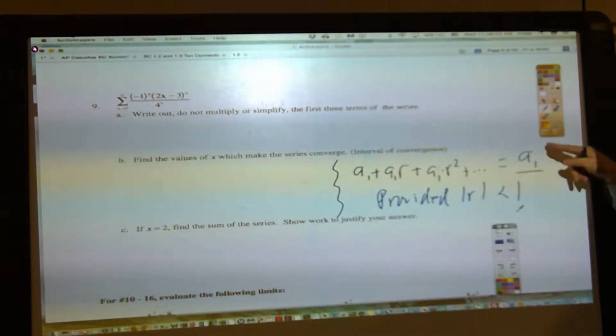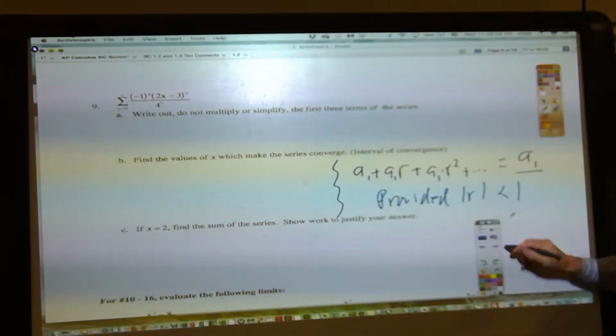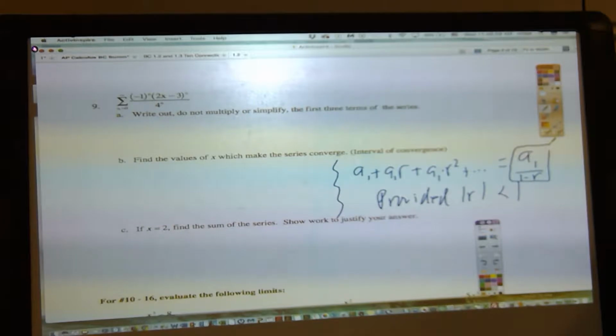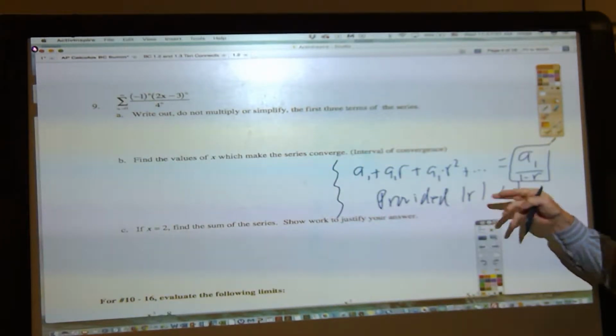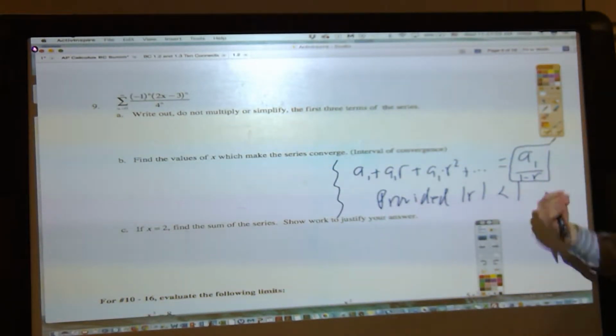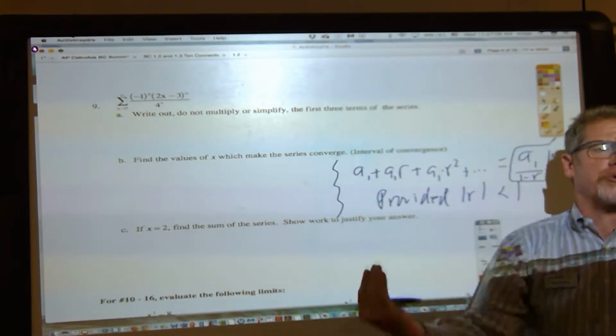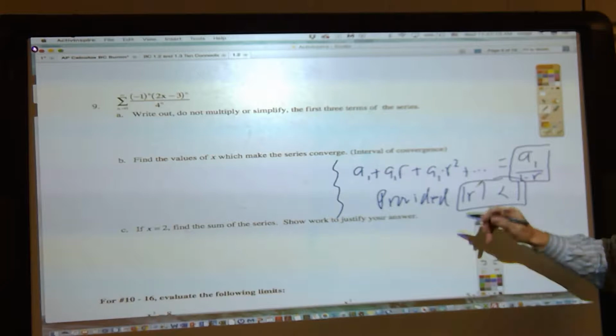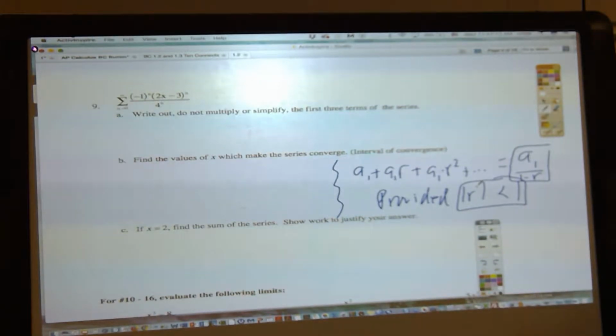Who recalls? It's a1 over something. 1 minus r is correct. So it's a1 over 1 minus r. So when they ask you for the interval of convergence, they're basically asking you for the interval of x values that cause the absolute value of r to be less than 1.